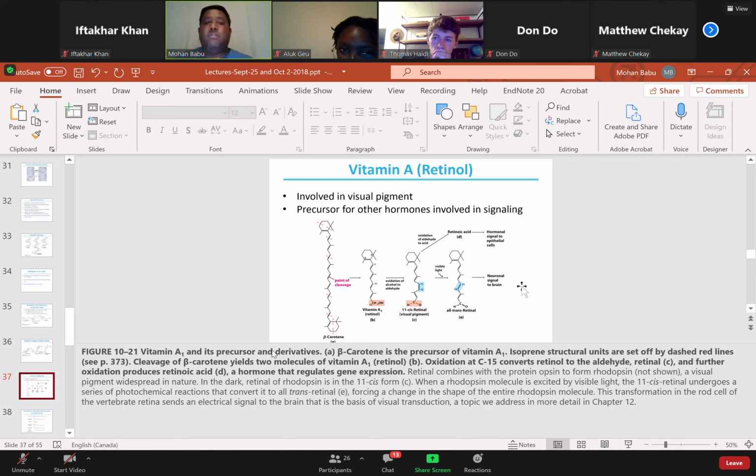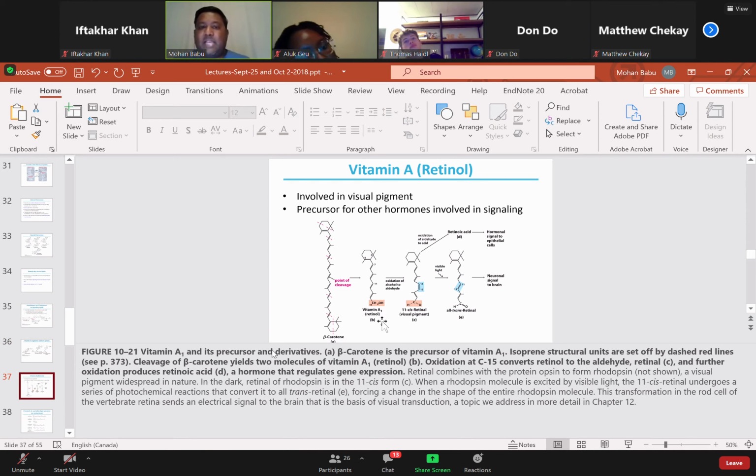Just to summarize, you have beta carotene, a precursor of vitamin A, and cleavage at this point in the beta carotene leads to two molecules of vitamin A1.